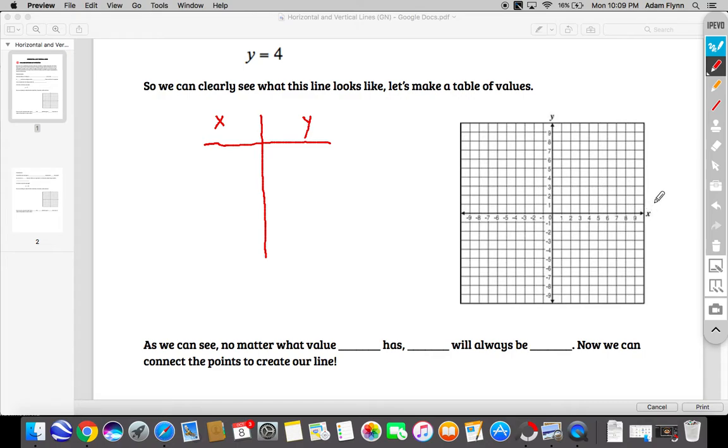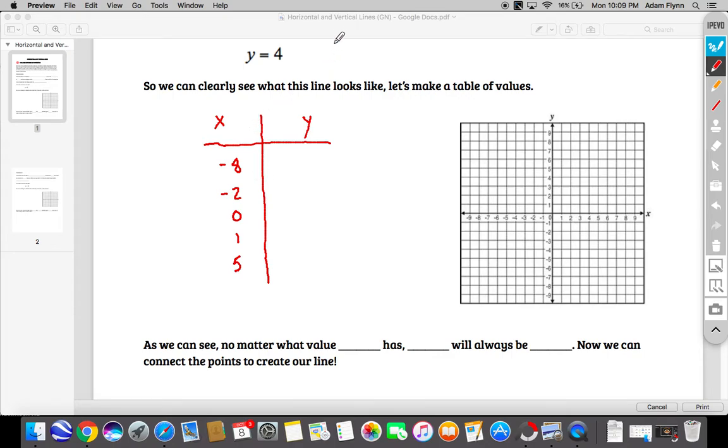I'm looking for values of x on the x-axis here. So let's plug in -8, -2, 0, 1, and 5. And these were completely random. I could have picked anything.